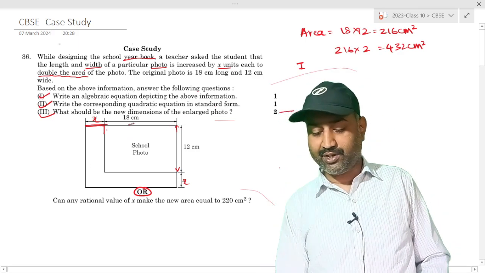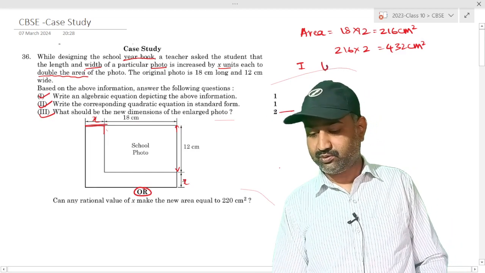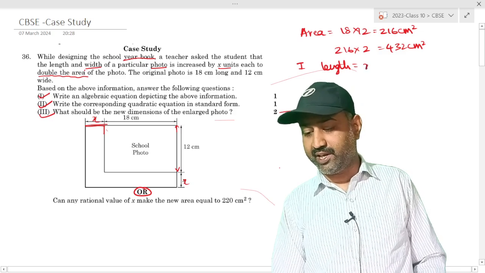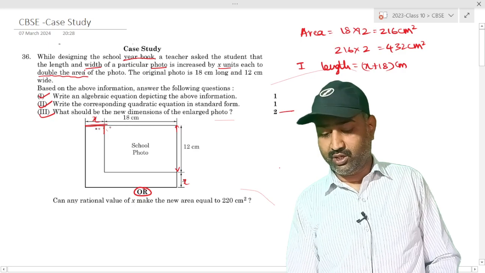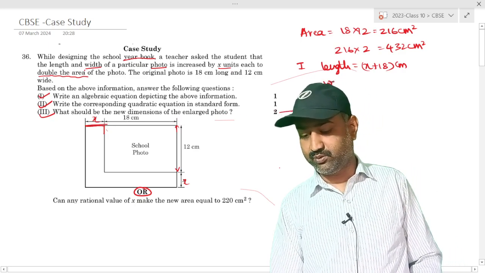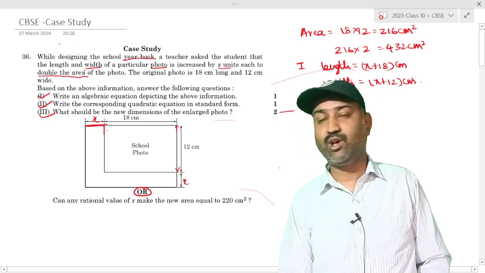The new length here is x plus 18 centimeter and the new width is x plus 12 centimeter.